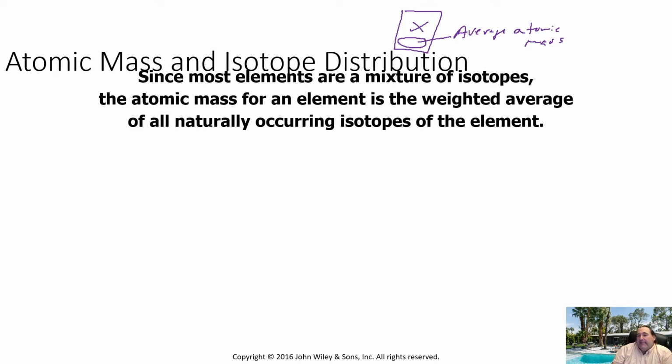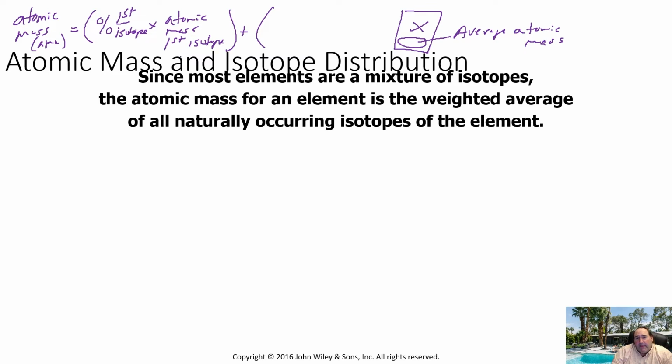So because there are certain elements that have naturally occurring isotopes, we can calculate the atomic mass of an element by using a formula: atomic mass is equal to the percent of the first isotope times the atomic mass of the first isotope, plus the percent of the second isotope.